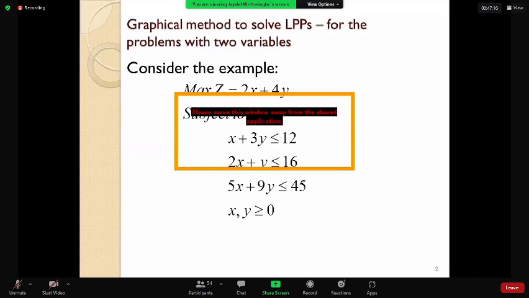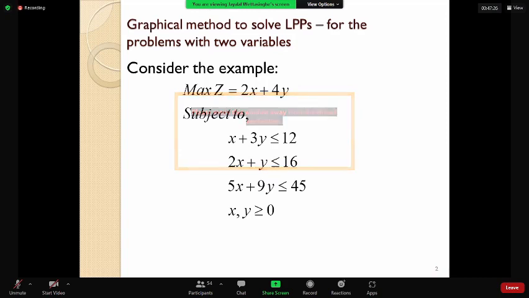So that means, let's say for example, we like to have a solution x is equal to 5 and y is equal to 5. What will happen? The first constraint should be less than 12.